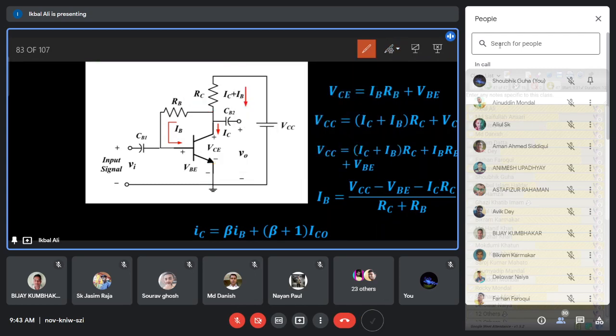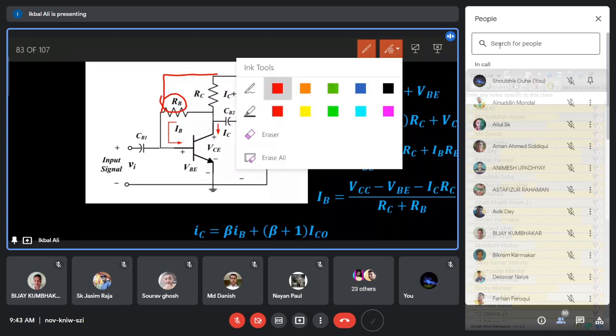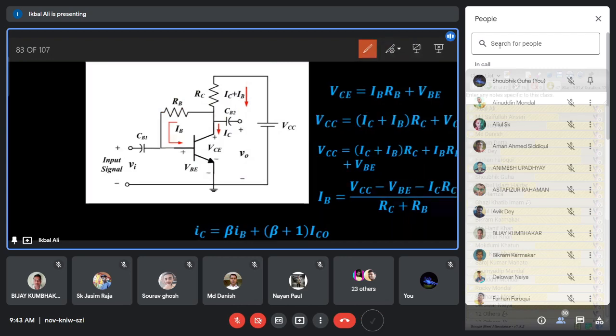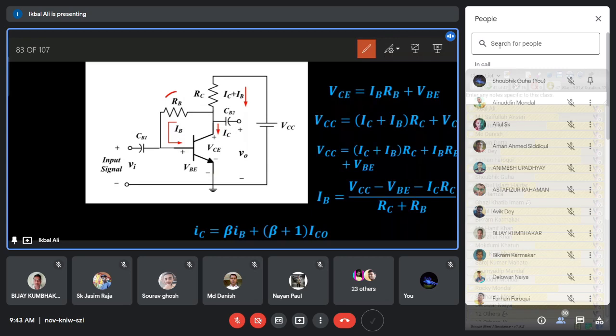But the RB resistance in the fixed bias circuit, you can remember, was connected between VCC and the base. In this case there is a slight modification of the fixed bias circuit: the RB resistance is not connected from VCC to the base, but is connected from the collector of the transistor to the base of the transistor.